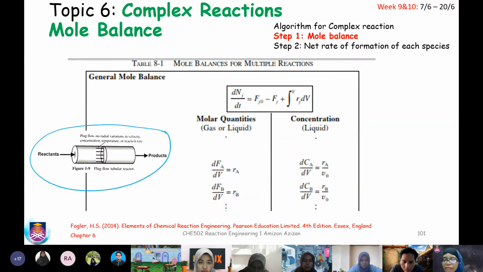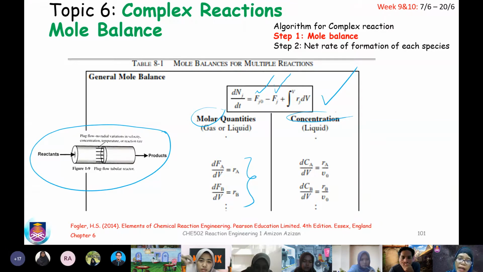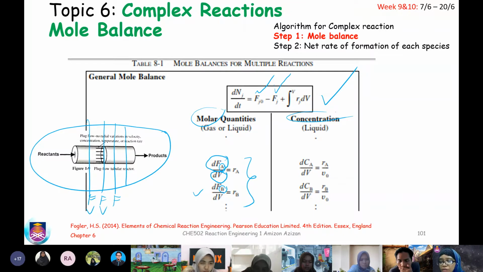So this is the PFR. Of course, using the same mole balance, having the inlet and outlet present, then writing the molar and concentration equation for the PFR is simply, this one should already be at your fingertips, the change of the flow for that particular species. If you have other species, then write the same thing over the change of volume, because we have change of volume along the length of the PFR, which is equivalent to its rate of formation for that particular species.